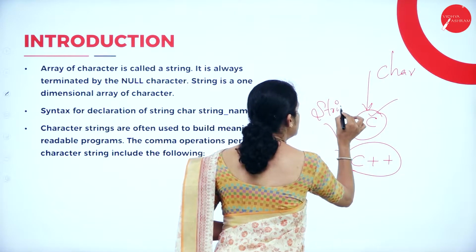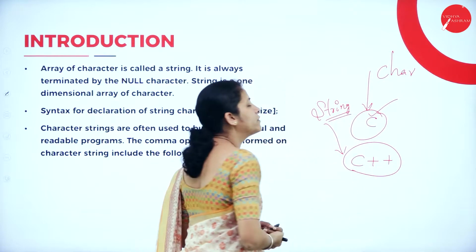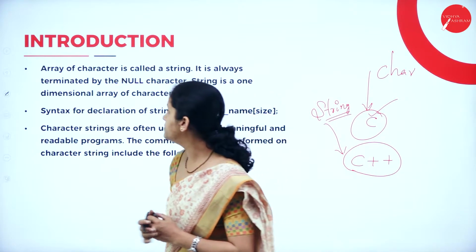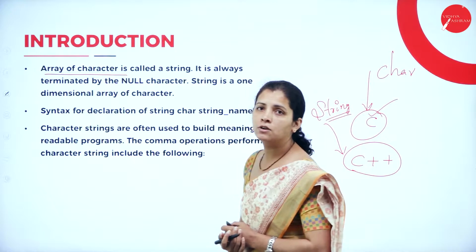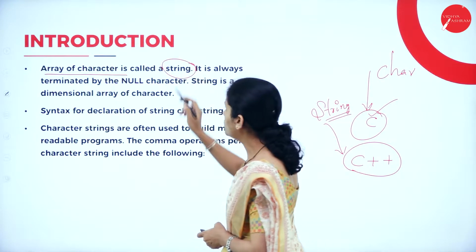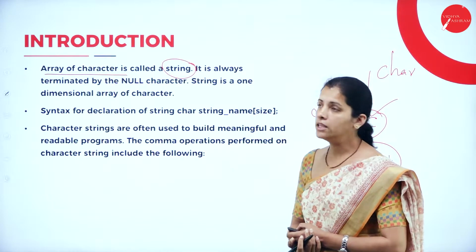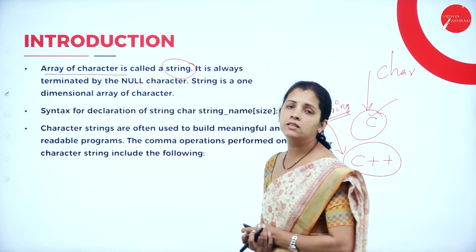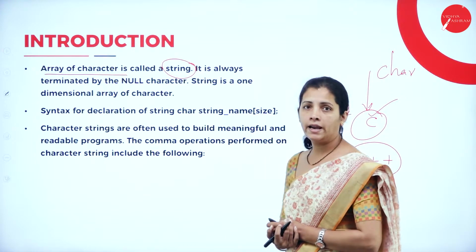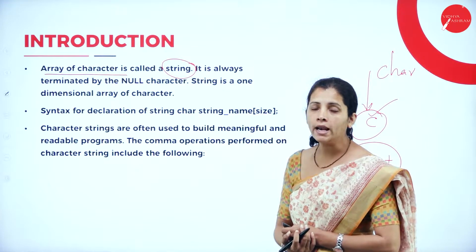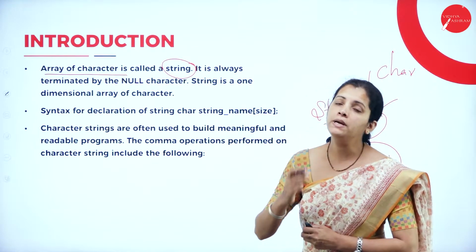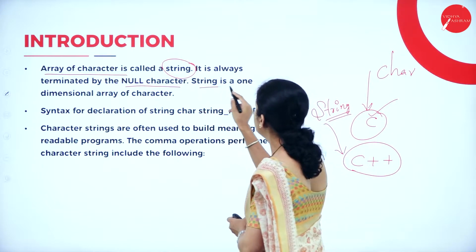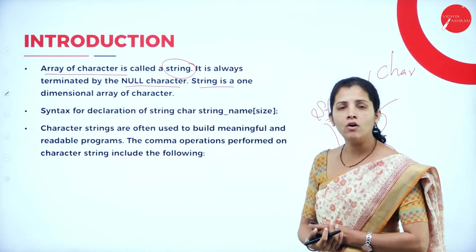So what is a string here? It is nothing but a group of characters, or an array of characters. So an array of characters is called a string. So what is a string here? That is nothing but an array of characters called a string, and it is always terminated by the null character. So dear students, when I have a string, it must be terminated by the null character, and a string is a one-dimensional array of characters.